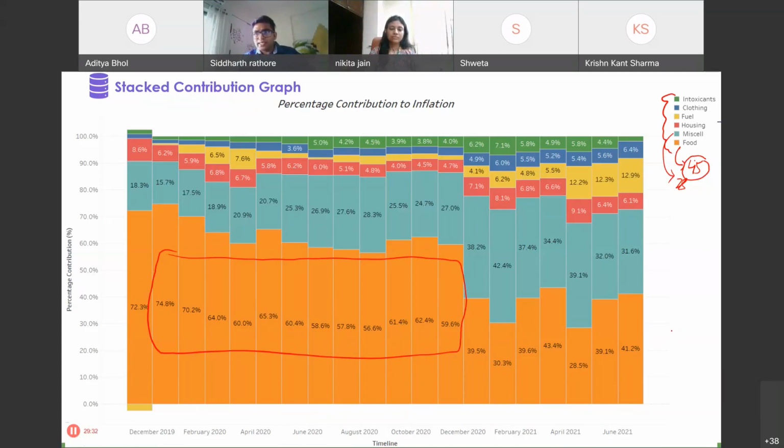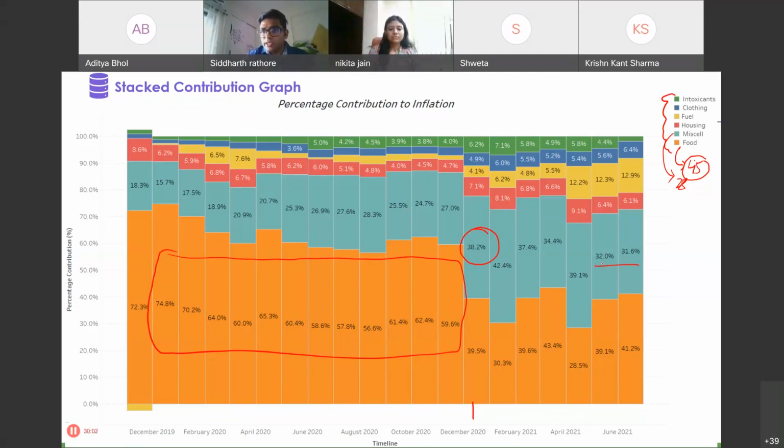However, what could be a major cause of concern is the weight of miscellaneous items. While it carries a weight of 28% in the basket, historically its contribution to inflation was not that huge. But now, especially after January, the contribution it's punching in terms of inflation is huge.